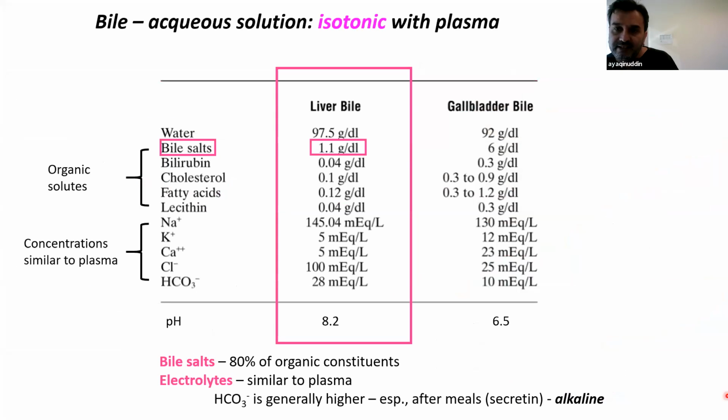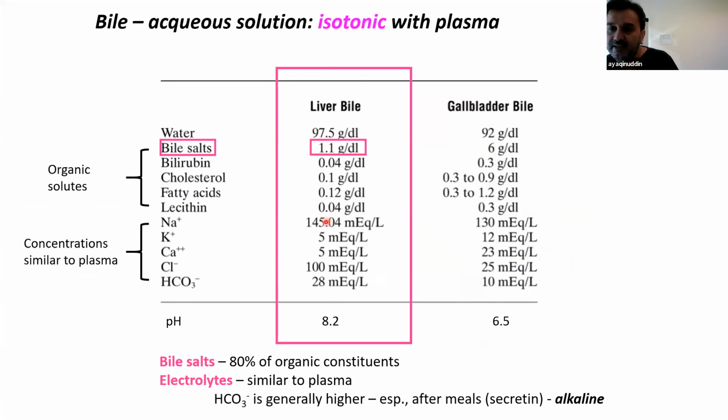Now you can look at this table and appreciate the difference between the bile secreted by the liver and the bile concentrated by the gallbladder. You can see that bile salts here are 1.1 grams per deciliter, but they are concentrated in the gallbladder to 6 grams per deciliter.